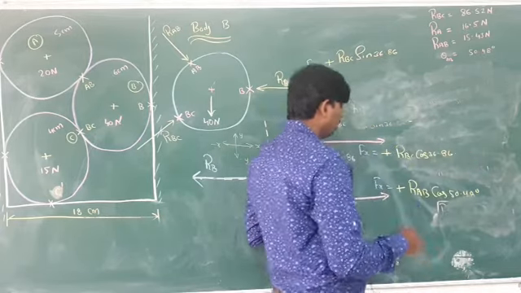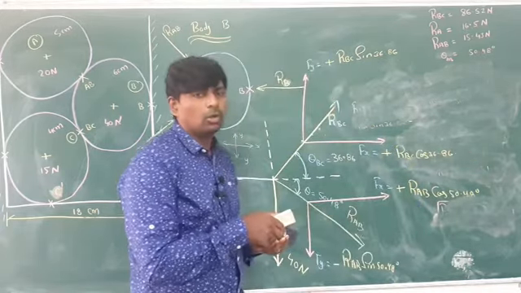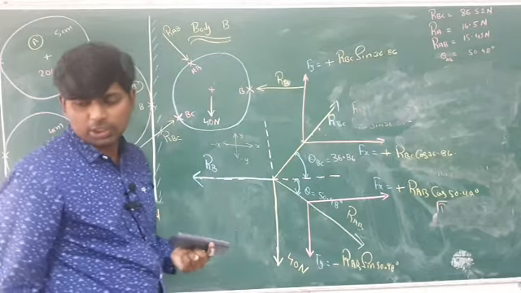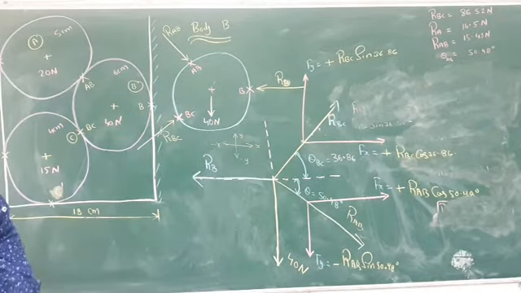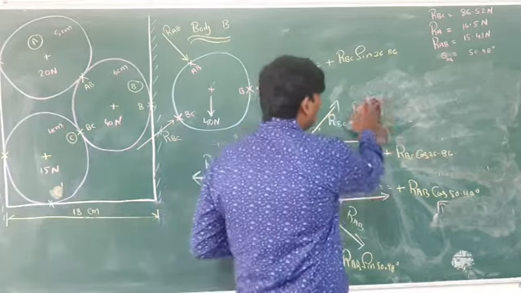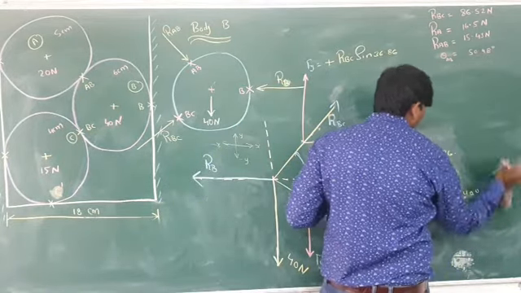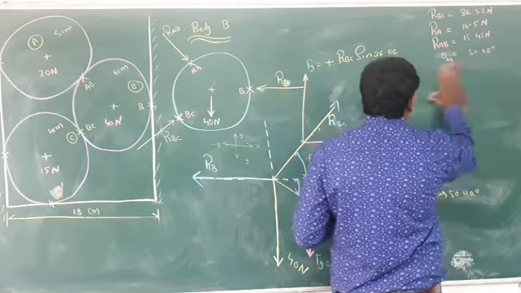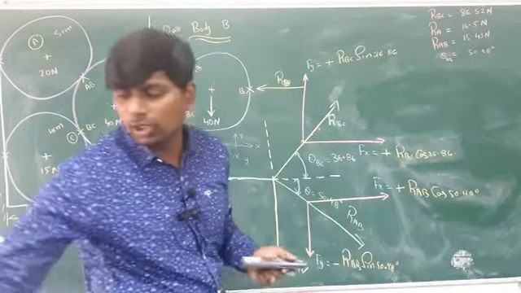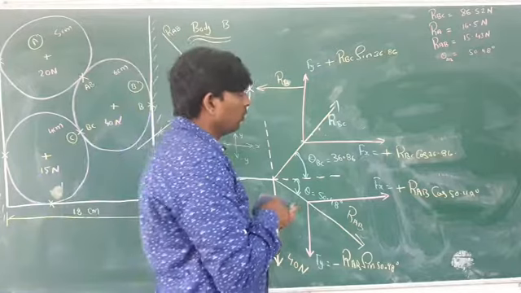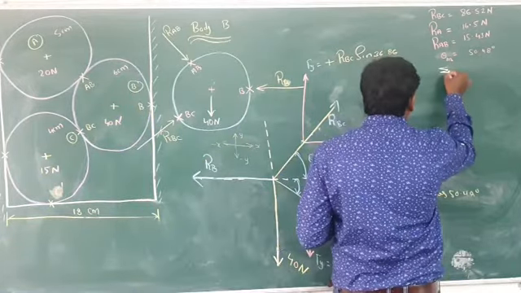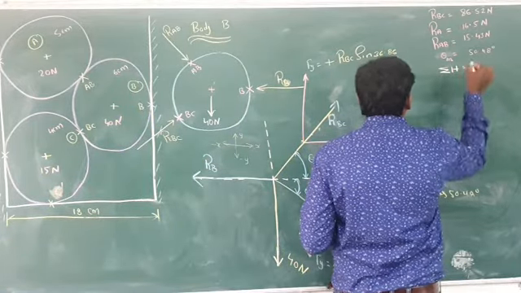Now I am going for sum of vertical; for sum of vertical I already completed, then I am going for sum of horizontal forces. First you have to count how many forces are there. So here sum of horizontal forces is equal to 0.